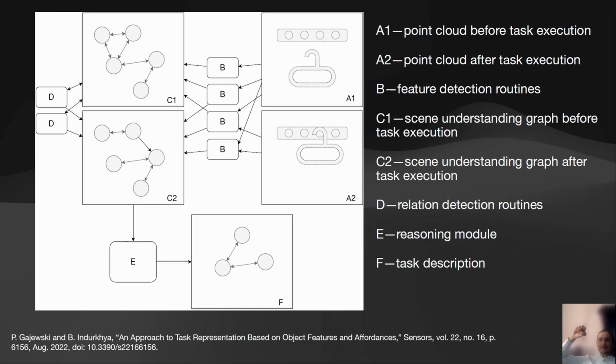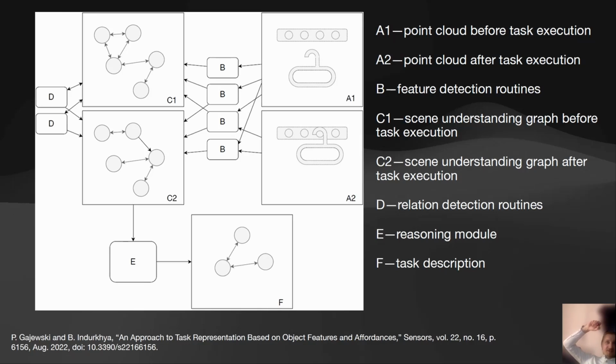Then we have built two graphs for two point clouds, for the two stages of demonstration. Then we have detection routines for relationships that also work on this graph and add edges.